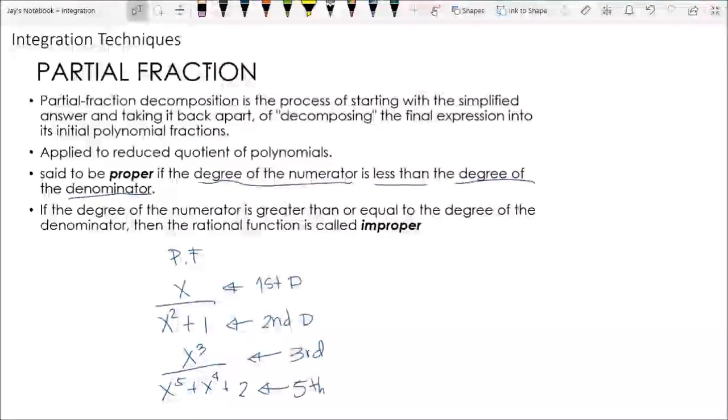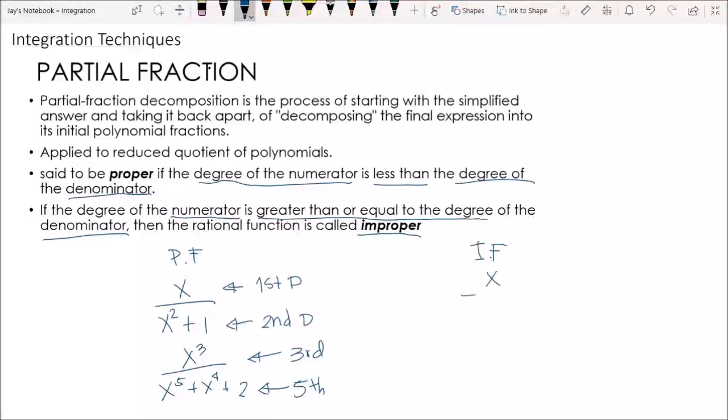And we also have what we call improper fractions. When we say improper fraction, the degree of the numerator is greater than or equal to the degree of the denominator. So basically, when we say improper, the exponents of the numerator and denominator are equal, or the degree of the numerator is greater than the degree of the denominator.